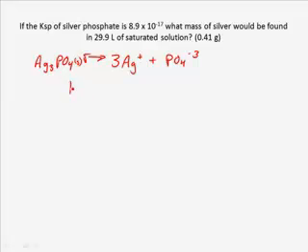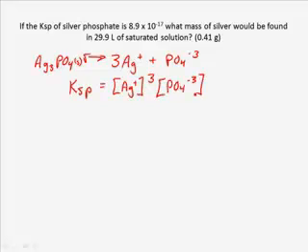So my KSP is going to be the silver concentration cubed times the phosphate concentration. Okay, and it wants to know what mass of silver will be found in 29.9 liters of a saturated solution.